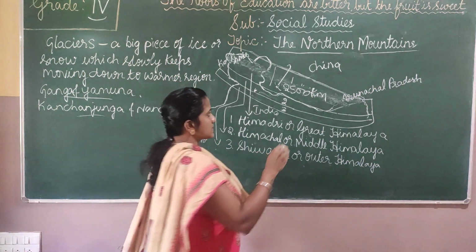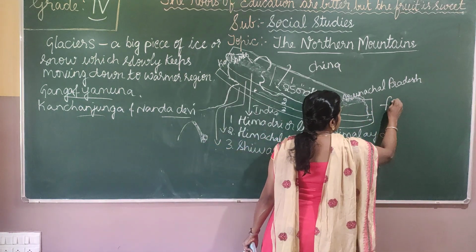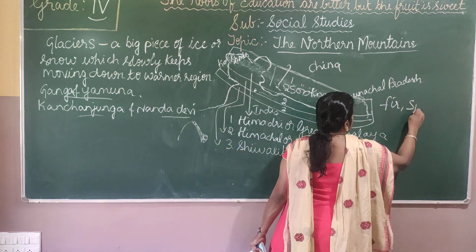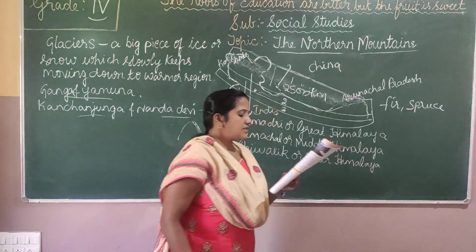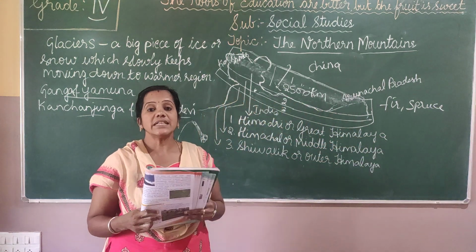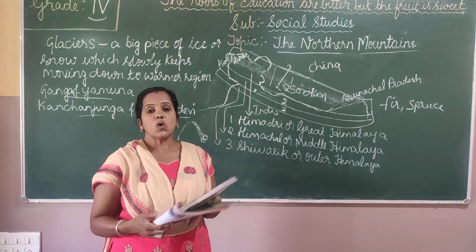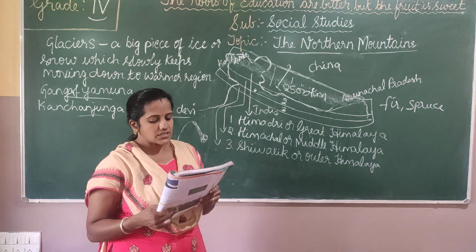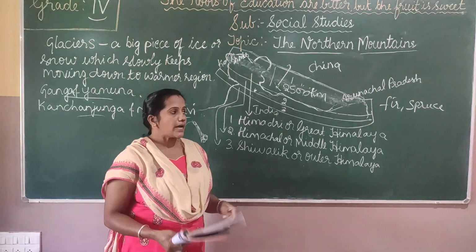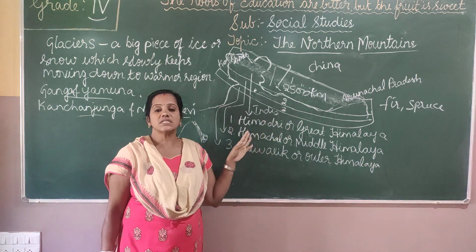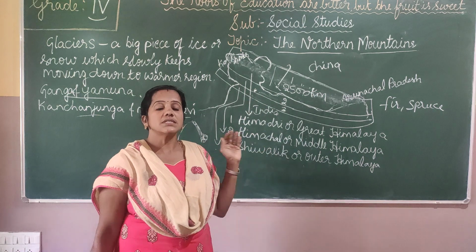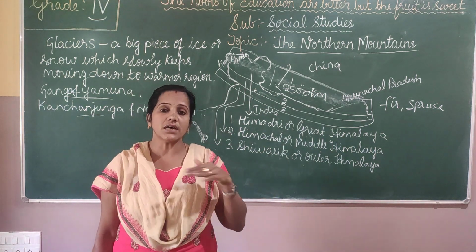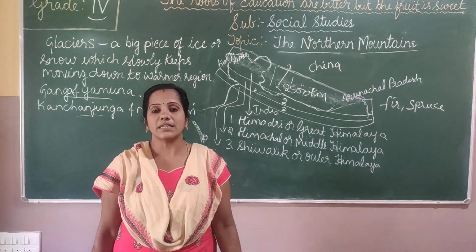Okay, and it is fir, spruce, shrubs and some wildflowers that grow in the lower regions of the Himadri. Only some trees like fir and spruce grow in this region, and some wildflowers in the lower region of the Himadri.